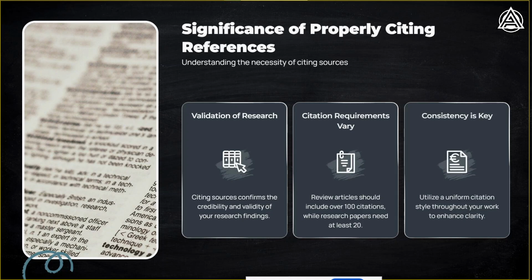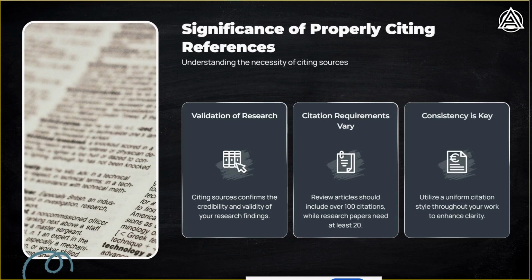Which one will you accept? The 150, which will have more citation references. Yeah, definitely. Because if I read more papers, then I'll have enough knowledge to analyze and propose something new, right? So citation requirements may vary depending on the type of paper you write.